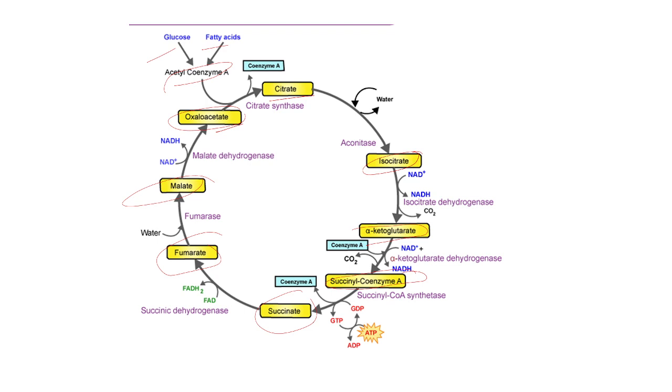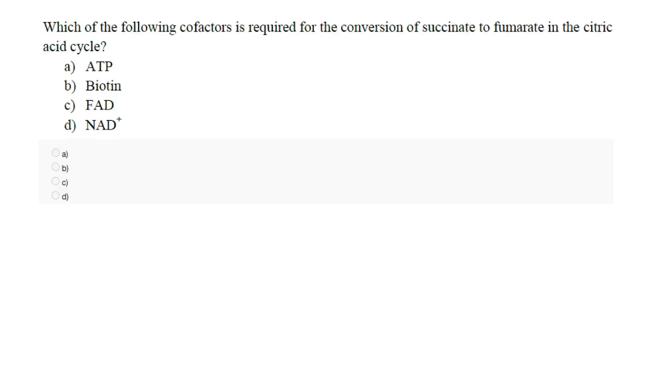Okay, so that's short. Another question we have: which of the following factors is required for the conversion of succinate to fumarate in the citric acid cycle? Just from the last slide. ATP, biotin, FAD, and Na plus. Which one?